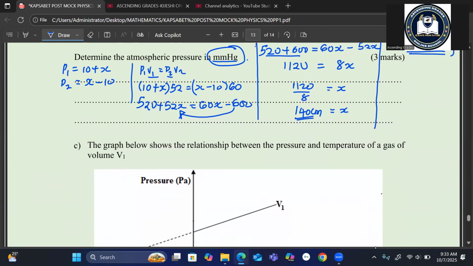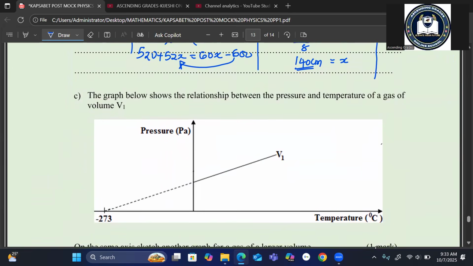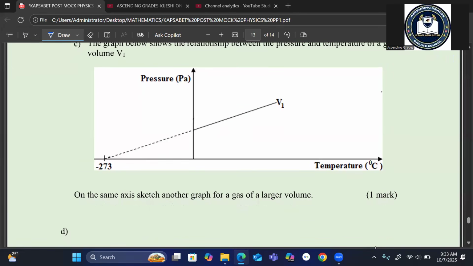The graph below shows the relationship between the pressure and temperature of a gas of volume 1. On the same axis, sketch another graph of gas of a larger volume. So in this case, the moment we increase the volume, we are supposed to decrease the pressure.